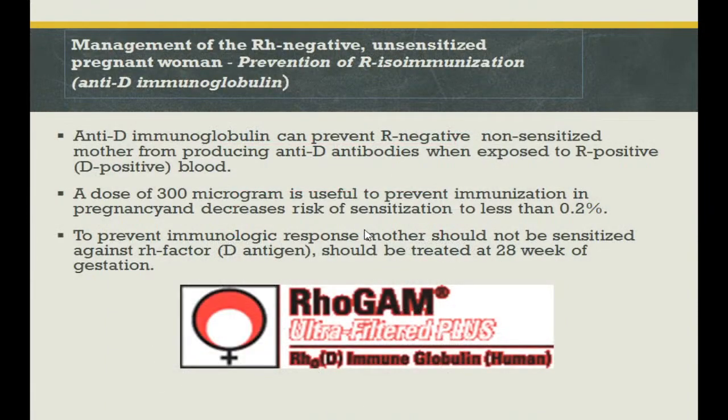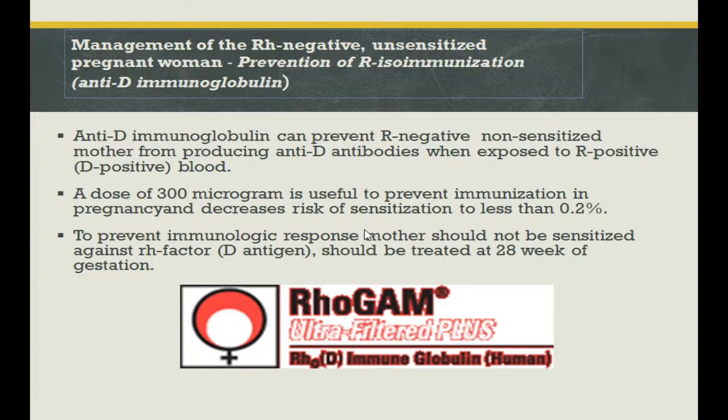So, now, management of the rhesus-negative, unsensitized pregnant woman. Anti-D, how to prevent isoimmunization. Anti-D immunoglobulin can prevent a rhesus-negative, non-sensitized mother from producing anti-D antibodies when exposed to rhesus-positive, D-positive blood.